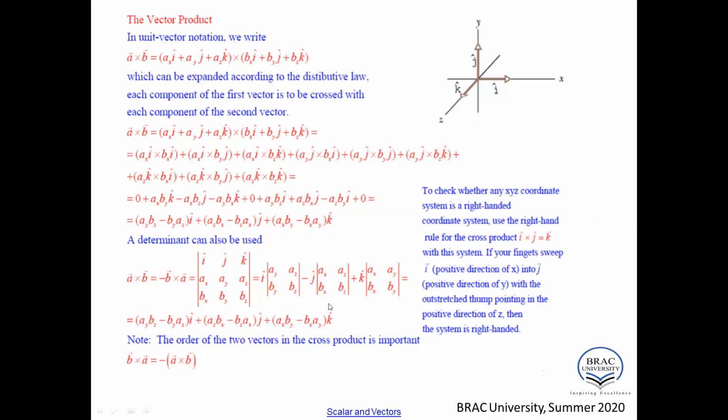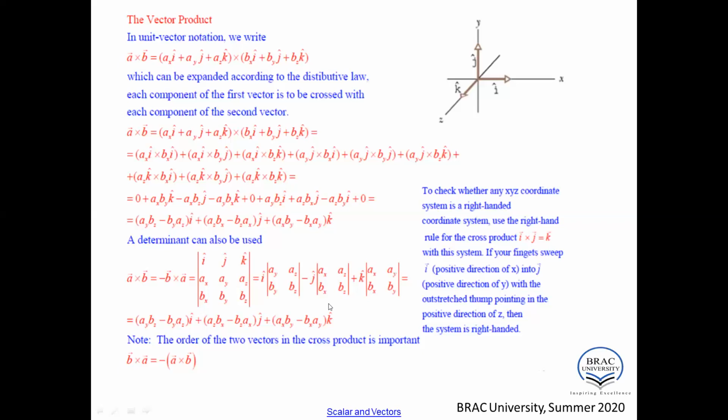So if we consider the cycle i, j, k: i cross j gives k, j cross k gives i, and k cross i gives j. If we reverse the cycle, say j cross i, the answer is minus k.